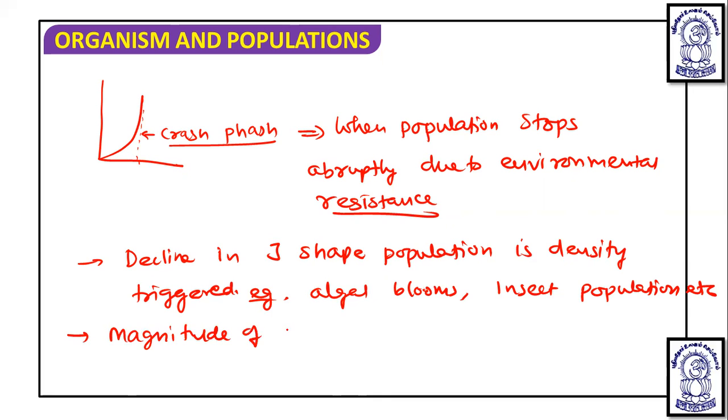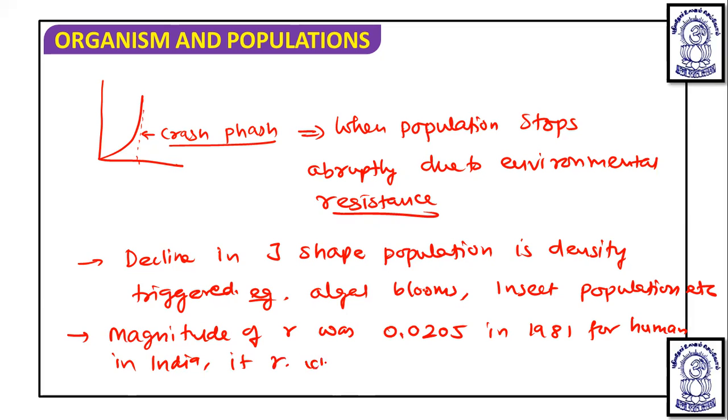r was 0.0205 in 1981 for the human population in India, while it reached 0.0176 in 2001.